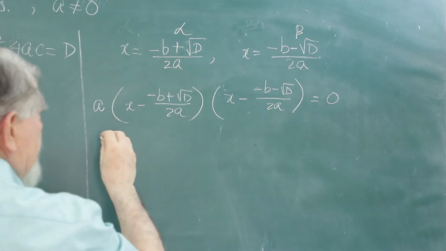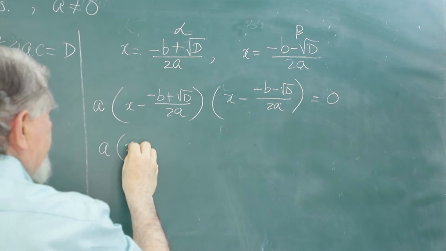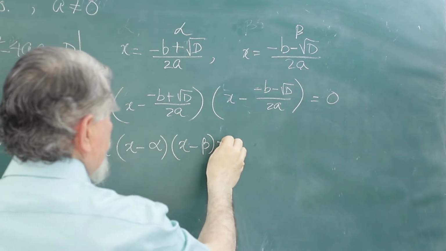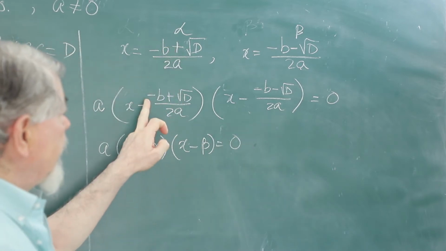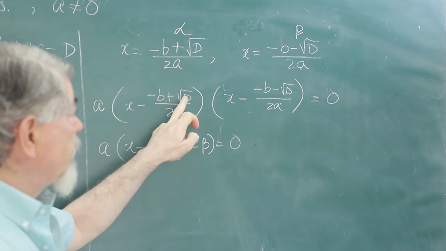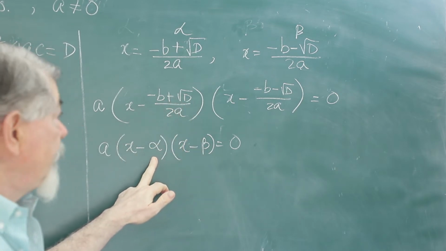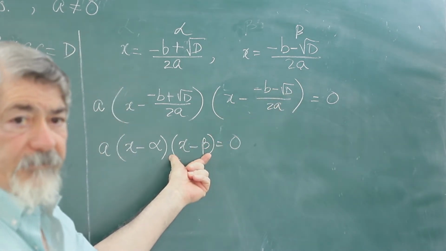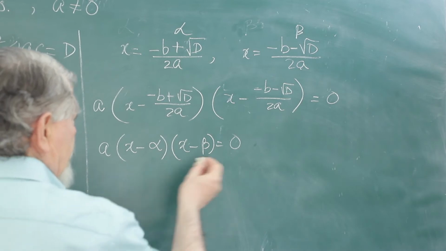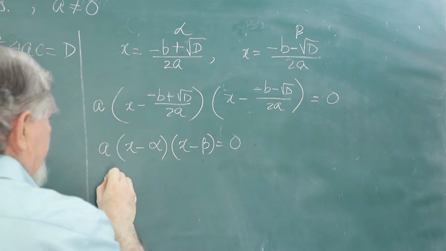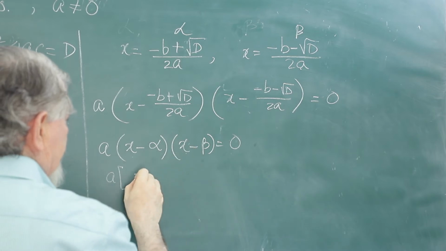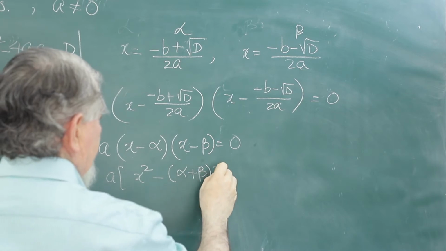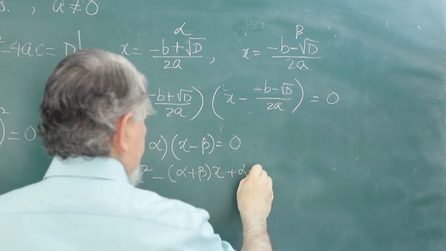Now I can reduce it to the form x minus alpha, x minus beta is equal to 0. I told you alpha I can write in place of minus b plus root D upon 2a, and in place of minus b minus root D upon 2a, I am writing beta. Or I can multiply this, you will get x square minus (alpha plus beta) into x plus alpha beta.